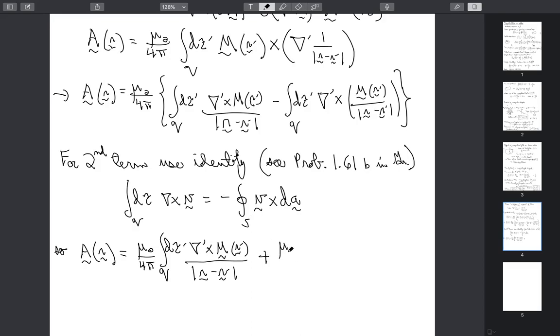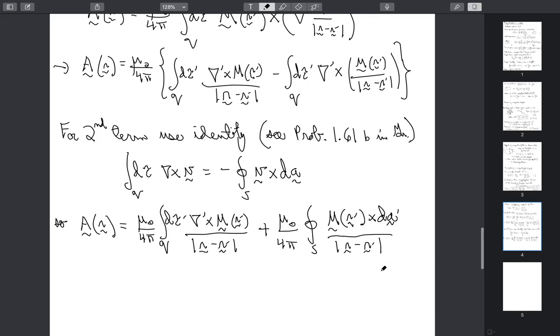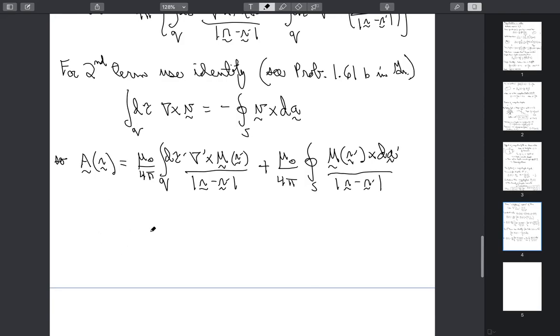The second term becomes a surface integral over the surface bounding the volume V of the magnetization vector at r prime crossed into the surface element dA prime, divided by, once again, r minus r prime. Okay, so this is quite a nice form that again parallels a little bit what we did in the case of electrostatics.